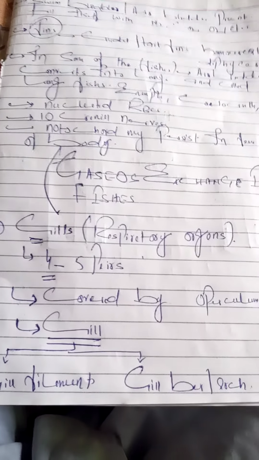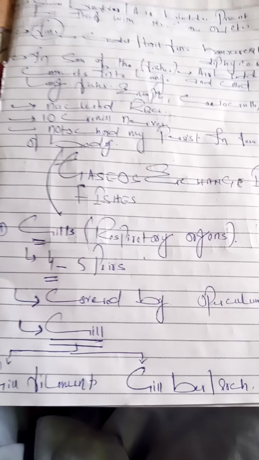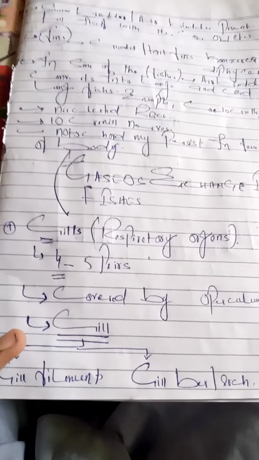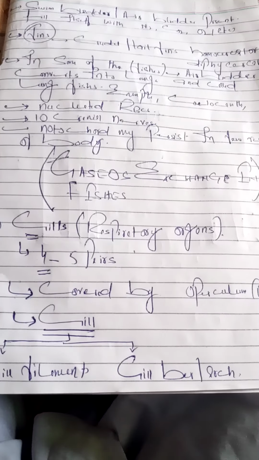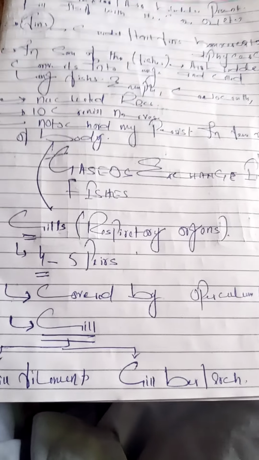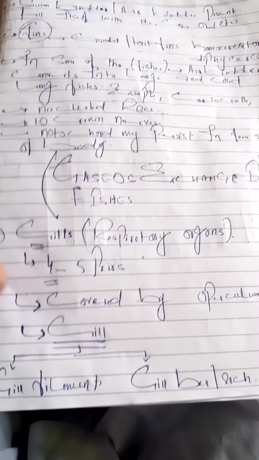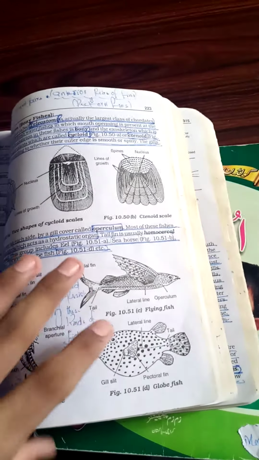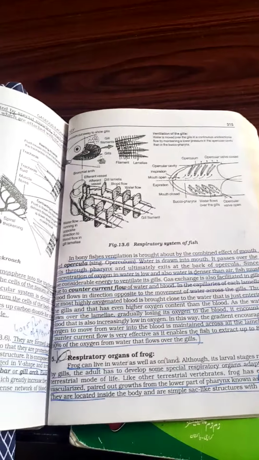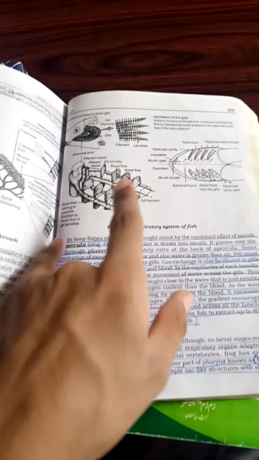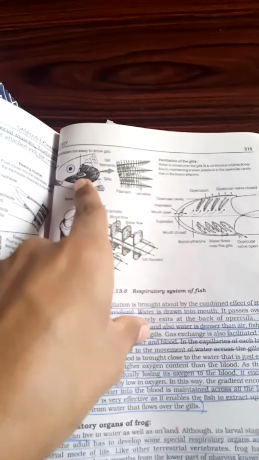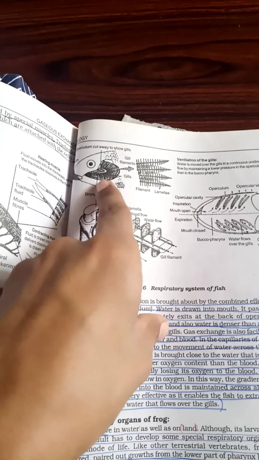Okay, gills. What are the gills? Gills are the respiratory organs that consist of two parts. What are they? Gill filaments and gill bar or gill arc. These are the two most important parts of the gills, like we can see here. This is the single gill.